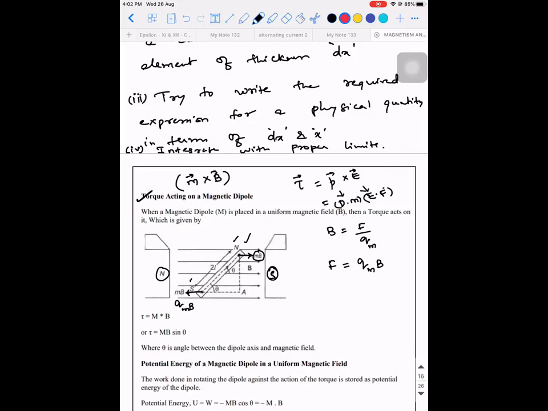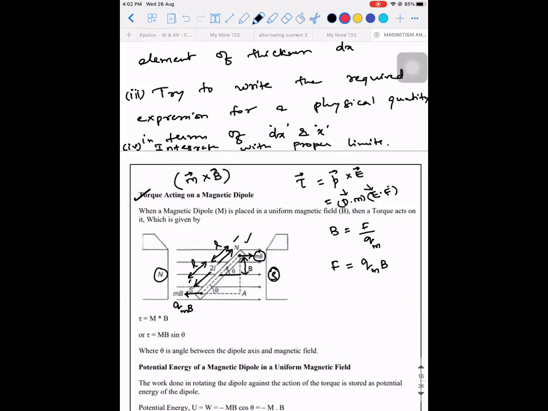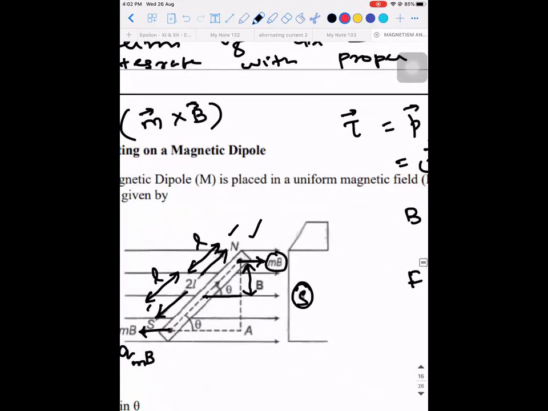If you take this as the center, and the total length is 2L, then this length is going to be L and this length is going to be L. What will this perpendicular distance be? I'm zooming and showing. It will be L sin theta, and this perpendicular distance is also L sin theta.